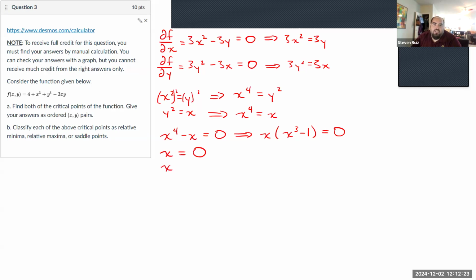The other one is x cubed minus 1 equals 0. From there I get that x cubed equals 1, or that x equals 1. All right, so I even said here, find both of the critical points. So I got two values for x. So from those, I should be able to find the values of y that go with them, because I know that x equals y squared.